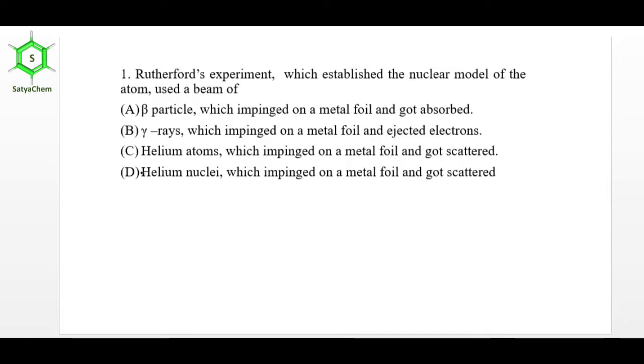We know that the nucleus was postulated as small and dense to account for the scattering of alpha particles from the thin gold foil. Now you know alpha particle is actually helium plus 2 ions. In helium plus 2 ions there is no electron.